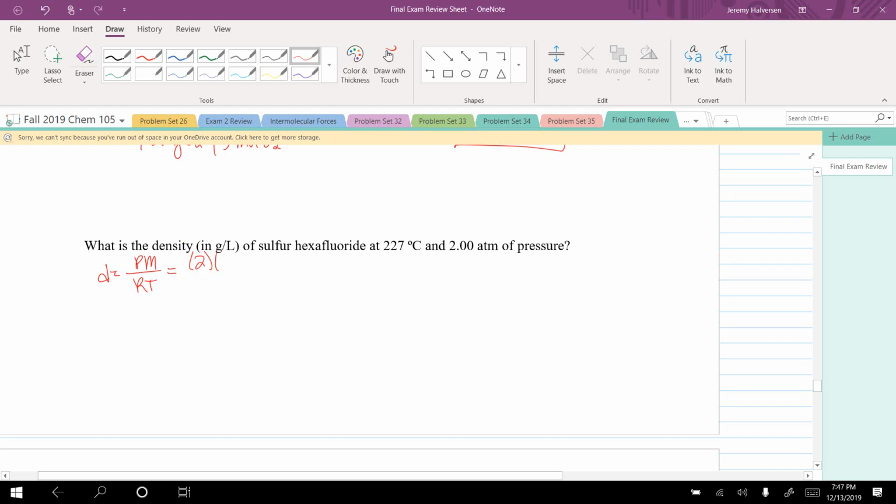Pressure times M. What's M? It's the molar mass of sulfur hexafluoride.